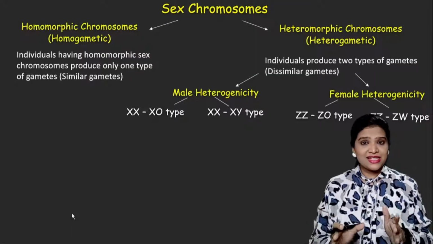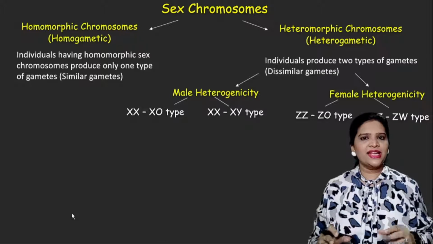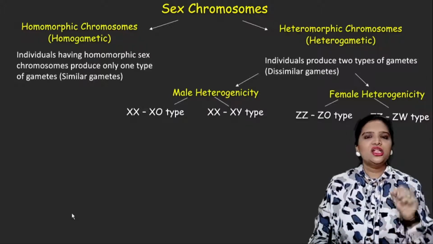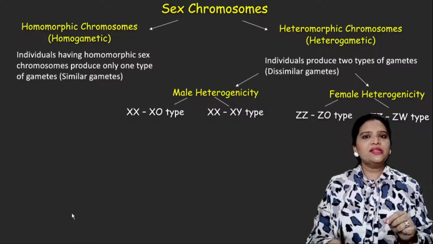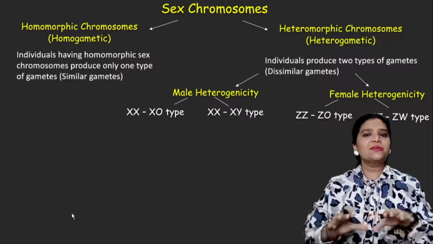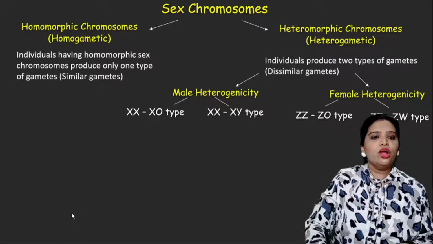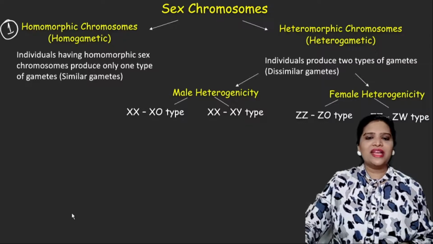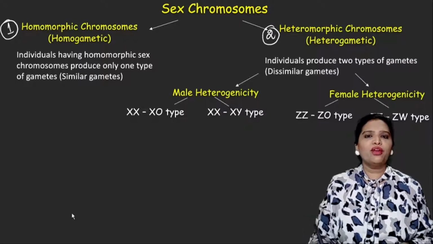So now let us see in a little detail how the sex in organisms is determined by the sex chromosome. The chromosomes which are responsible for the sexual characteristics in an organism can be broadly classified into 2 categories. One is called as homomorphic chromosomes and another is called as heteromorphic chromosomes.